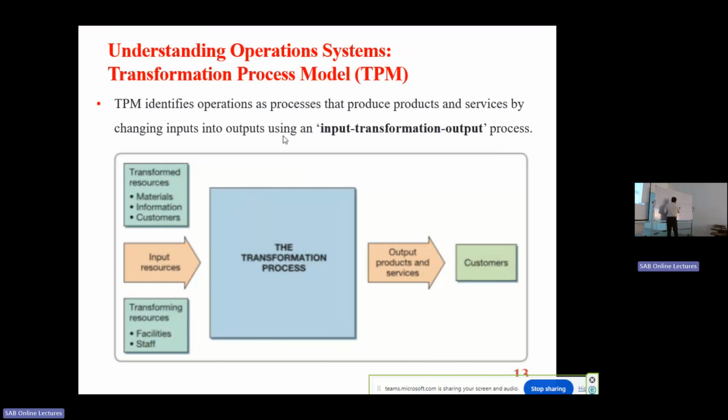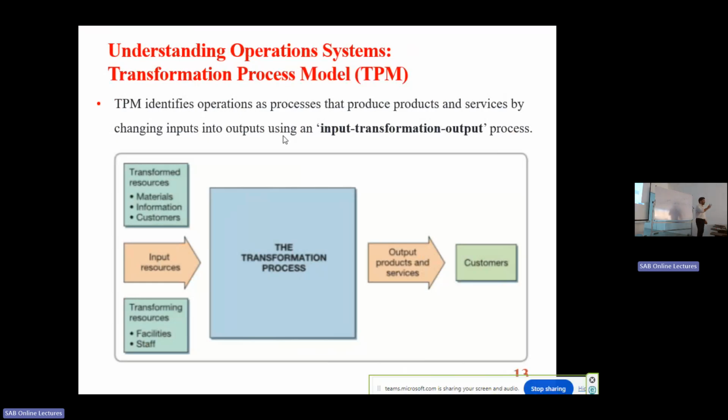This is a good framework for us to identify what an operation system is and what its components are. The theory part helps us look at any business and identify its operation system and how it operates. It's good if we take a little longer time and explain it.